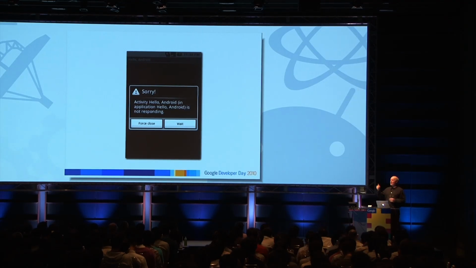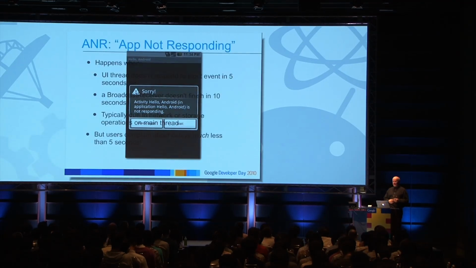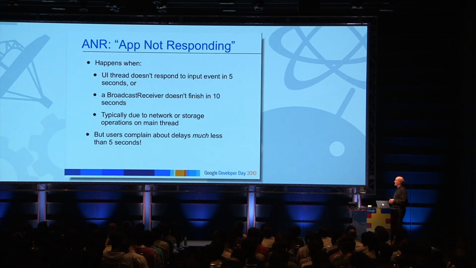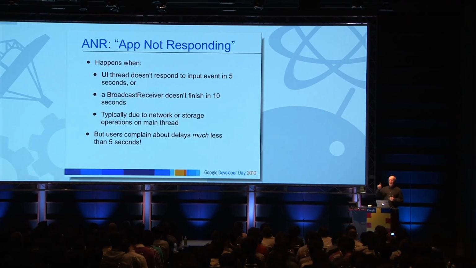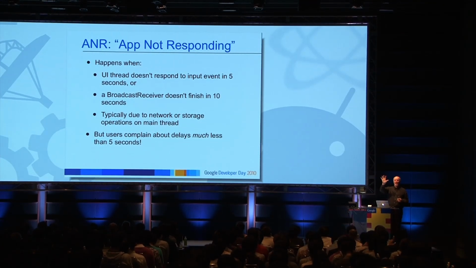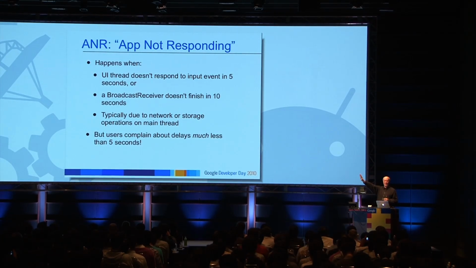Now, what makes this happen? You get an application not responding if I have a tap on the screen and I have a tap handler in my program and it goes 5 seconds with no response: application not responding.